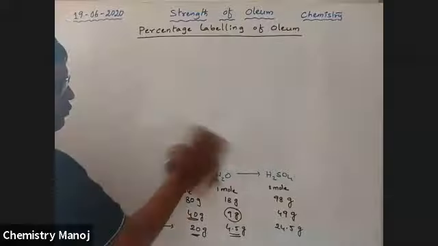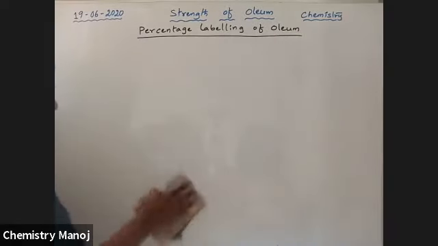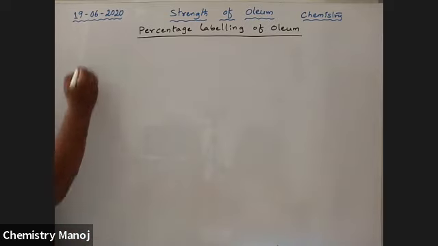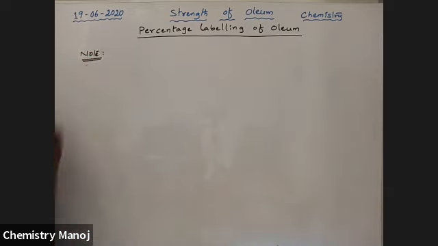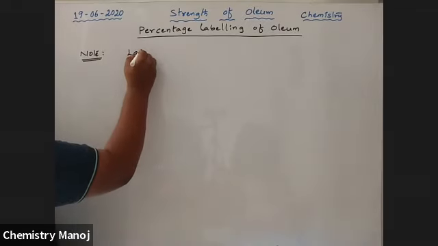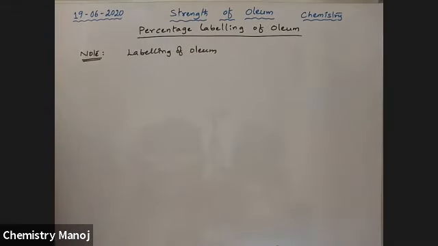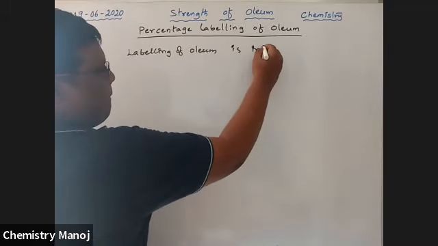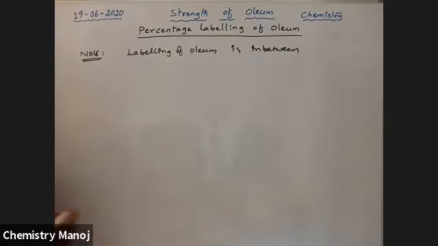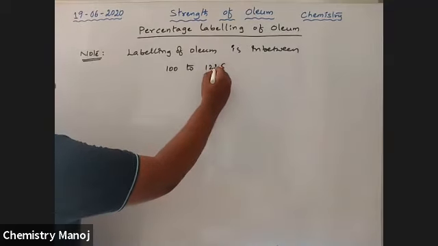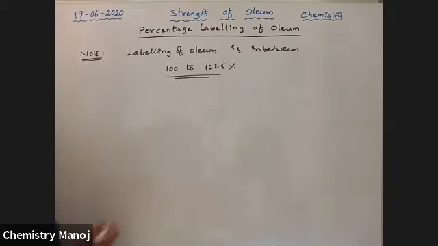Note this very, very important point: the labeling of oleum is always in between 100 and 122.5. So what does this mean? See here.